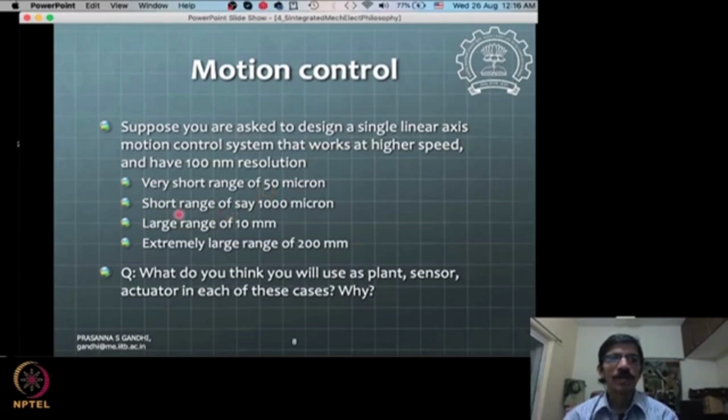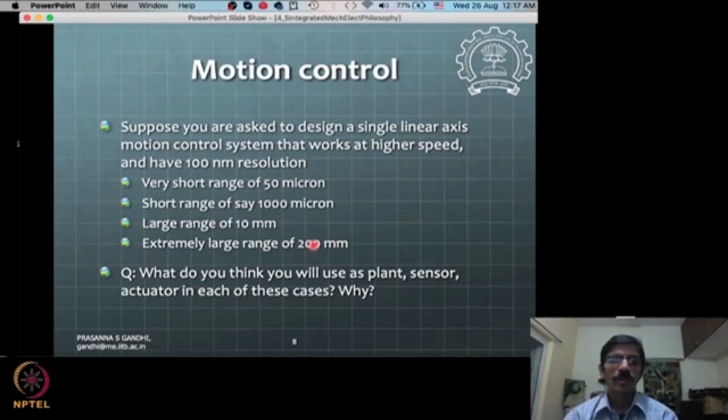Okay, for moderate range, like 1 mm, you can go for compliant mechanism designs. For large range, you can have a rack and pinion or screw drive designs. And for extremely large range motion, you can go for belt drive systems. Okay, so there are possibilities for different kinds of motion control systems.